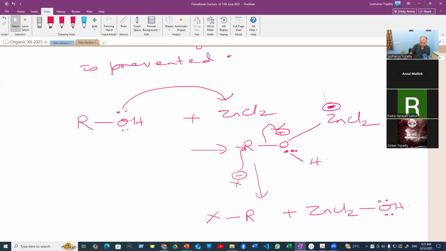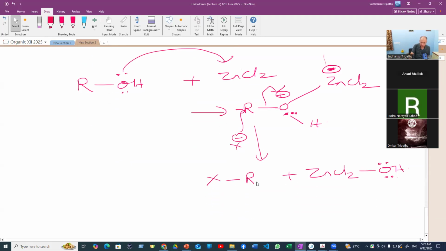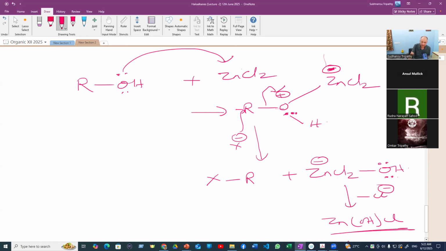So of course here Cl minus has to go because zinc has a valency 2. So it will be basic zinc chloride. So zinc ion will go.